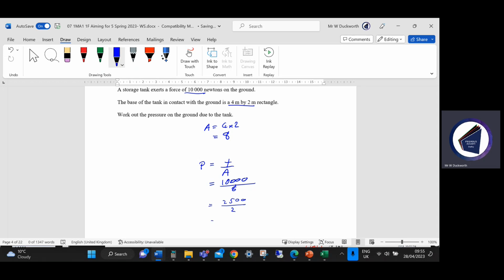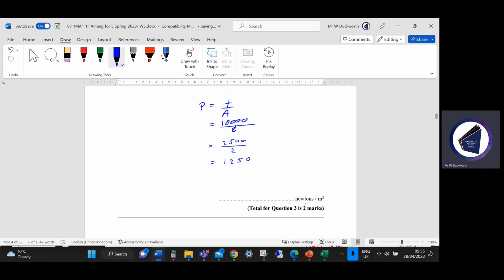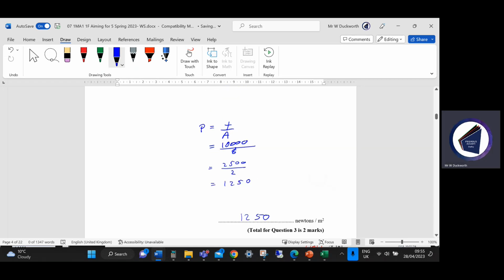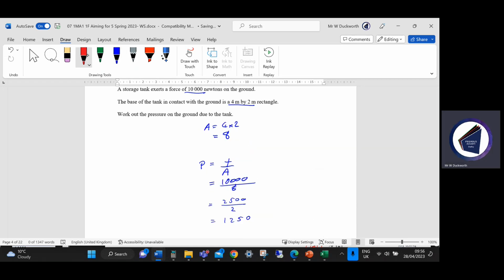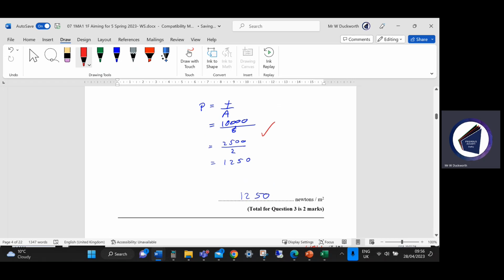So I'm looking for half of that, so 1,250. And we've got our newtons per metre squared, which works perfectly for us. Right, marks for that then. We have got a processing mark for getting this far, and then 1 mark for the answer.